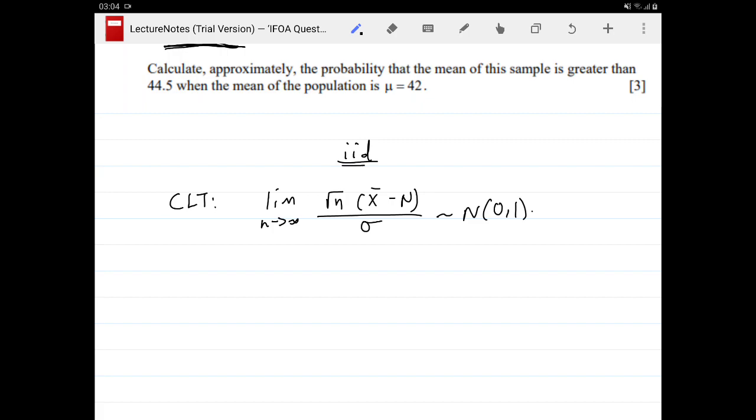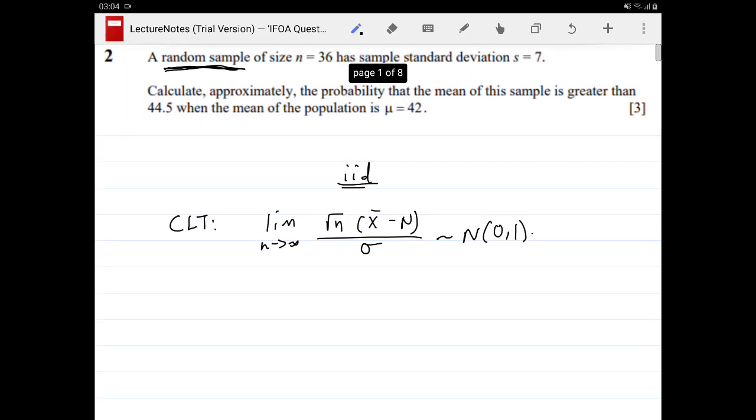Obviously we don't have infinitely many things, so we don't have an exact normal distribution, but as n gets bigger and bigger, this is going to look more approximately like a normal. That's where the approximation comes in.